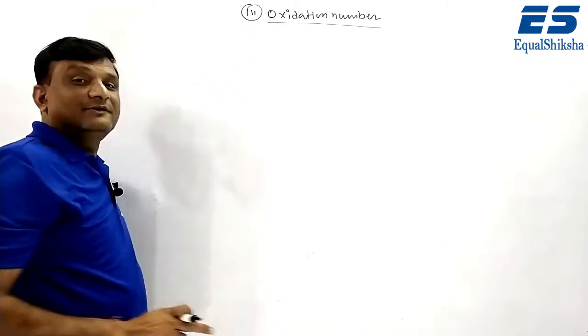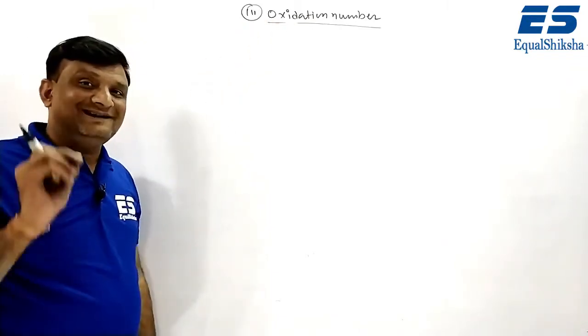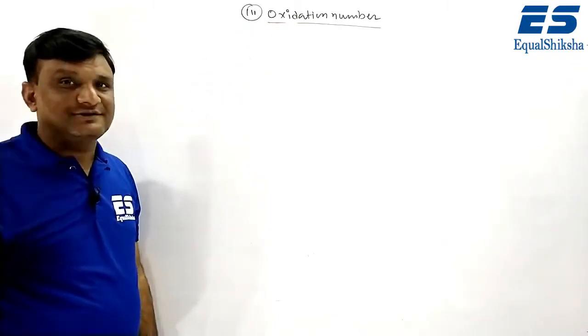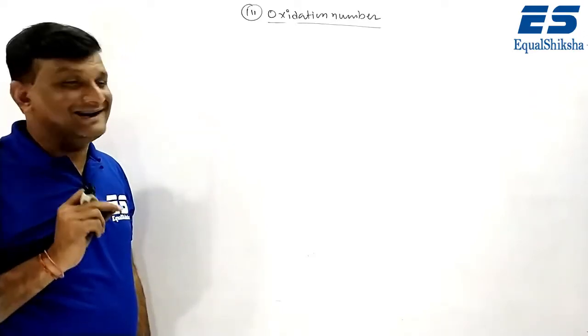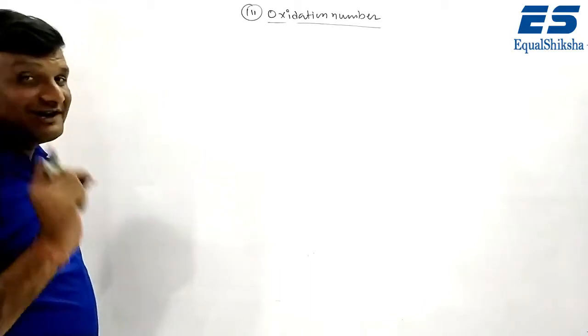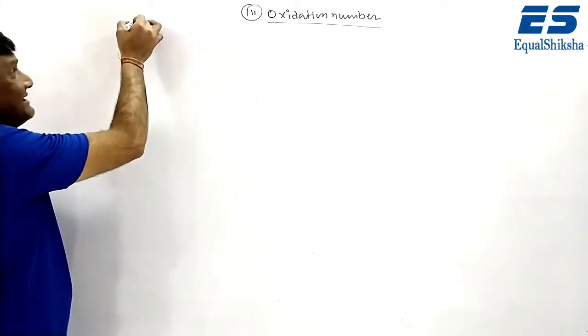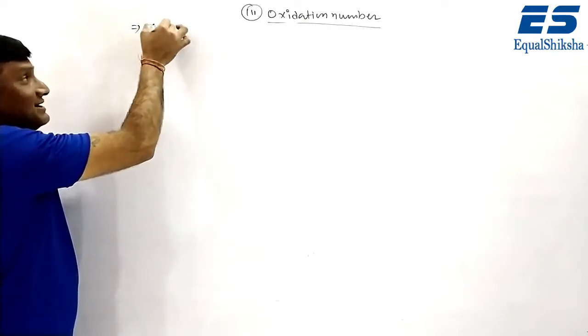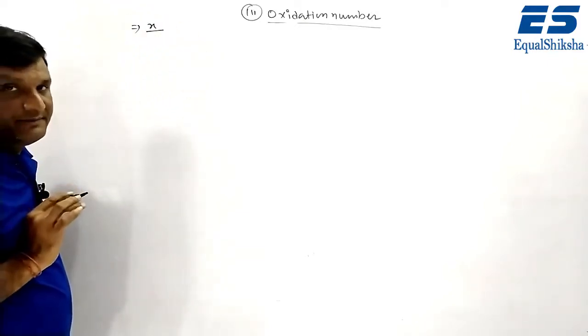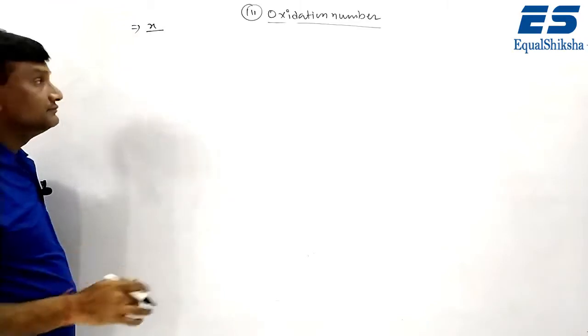Now we'll discuss oxidation number. We discussed oxidation number in 11th standard in the chapter on redox reactions, where we saw how to calculate it. It's too simple. The oxidation number is assumed as X for the element in any compound.